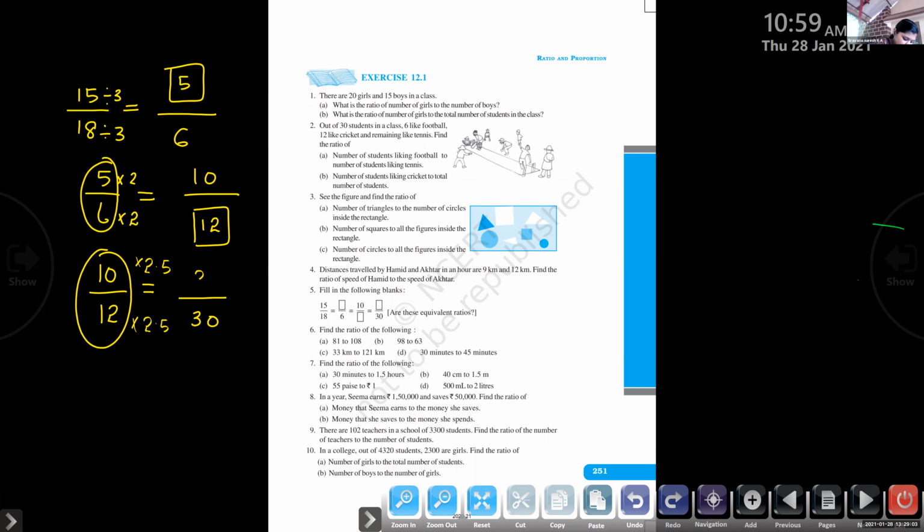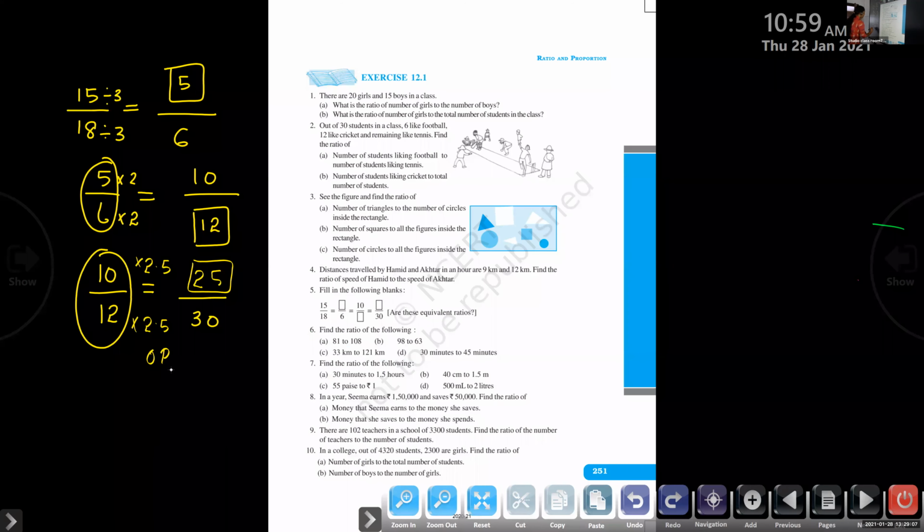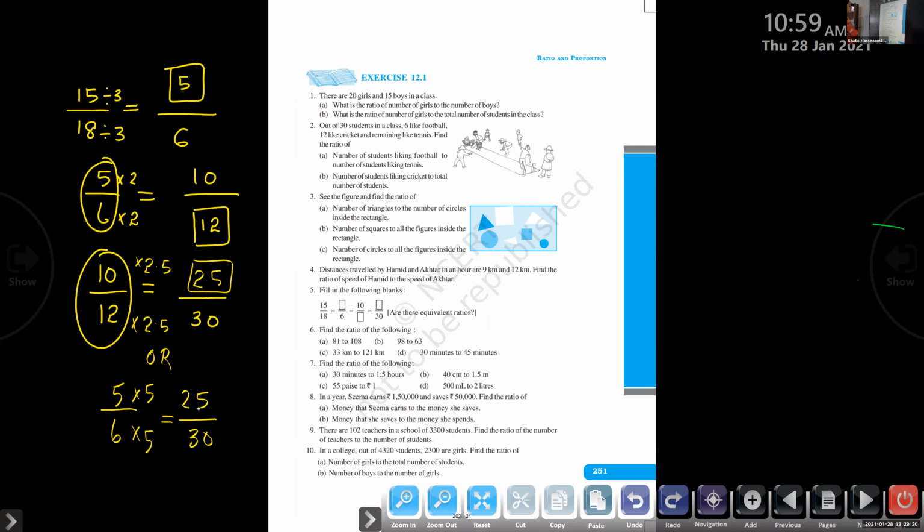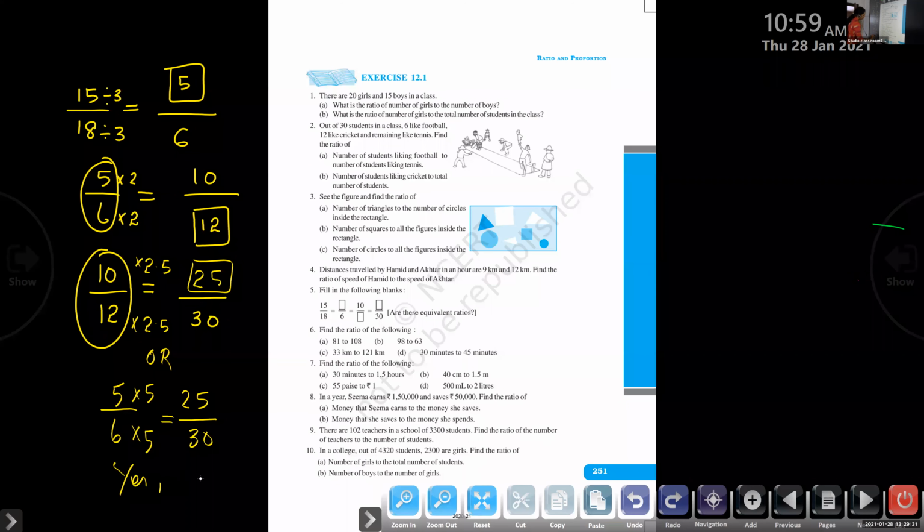So you will get the answer as 25 by 30, or you write it like this, 5 by 6 into 5 by 5. You will get 25 by 30. Clear? So two methods. So these are equivalent fractions. Yes, our answer is yes. These are equivalent fractions.